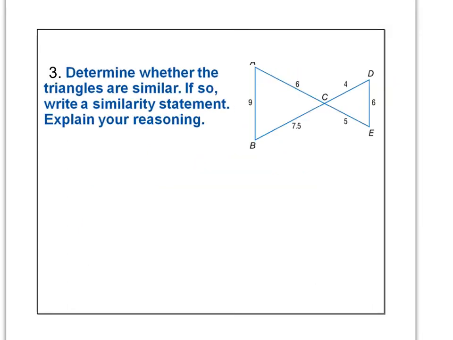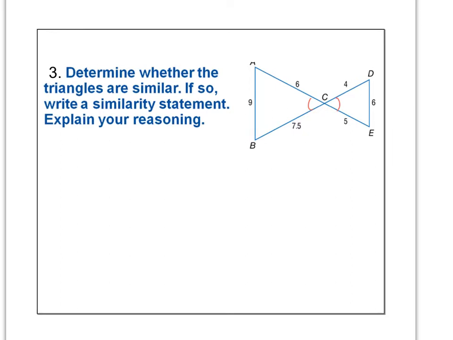Let's try number 3. Determine whether the triangles are similar. If so, write a similarity statement and explain your reasoning. Right off the bat, I know these 2 angles are congruent because they're vertical angles. But we don't have any parallel lines this time, so we cannot use alternate interior angles.